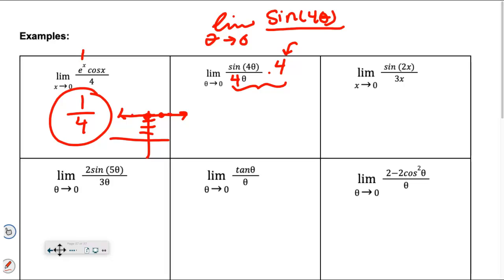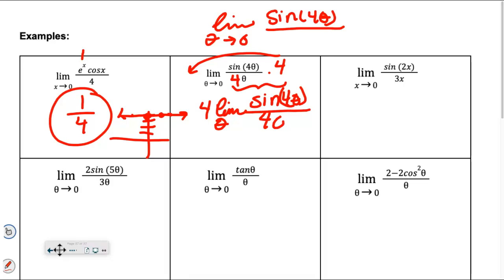A lot of times what we'll say with limits is the constant can come out front. It is itself when you take its limit. So then, in my limit argument, I now have my new bestie when working with these trig limits, because we said on the previous page that that limit will go to 1 as long as you get the sine of some stuff over the same stuff, which leaves me with 4 times 1, or just 4.